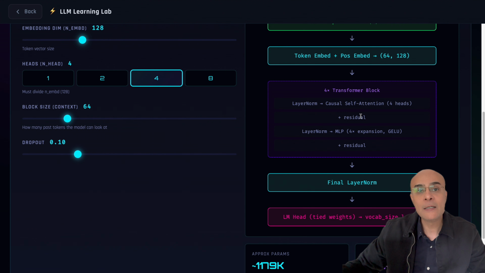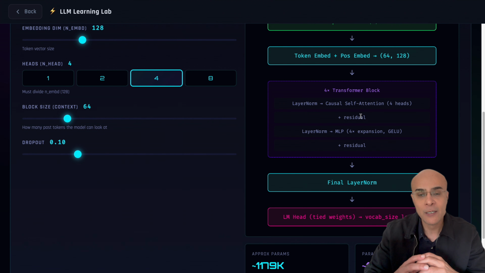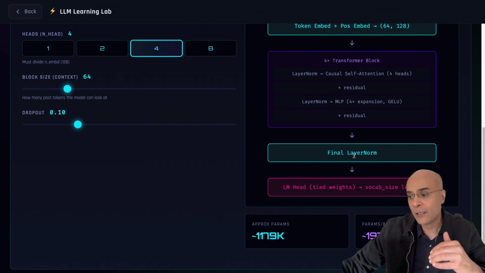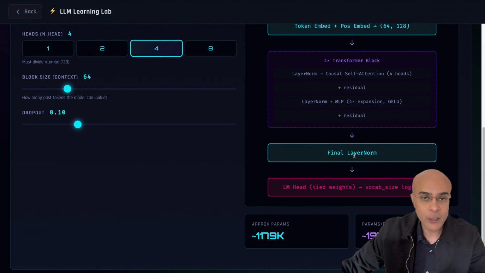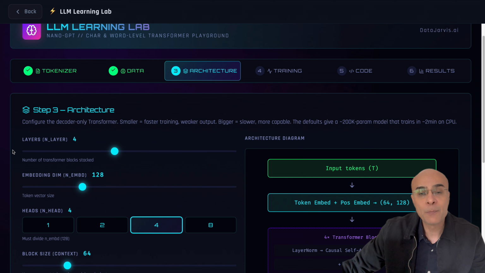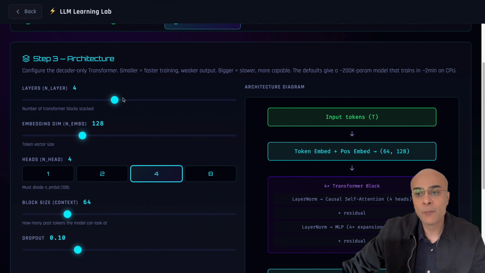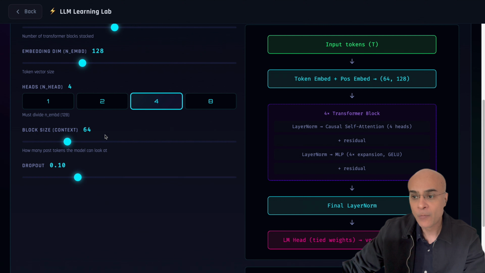Now, the next is this famous attention layer mechanism, which then passes on the data to the final layer, which is then going to produce an output based on this ChatGPT style text generation. Now here are the different parameters of this architecture, and we are going to set up 4 layers, and we are also going to set up an embedding size, the embedding of each token, equal to 128.